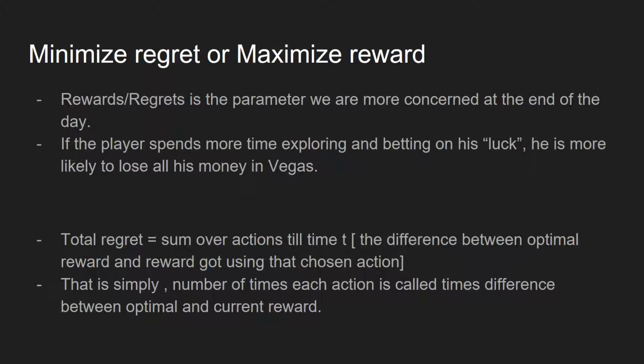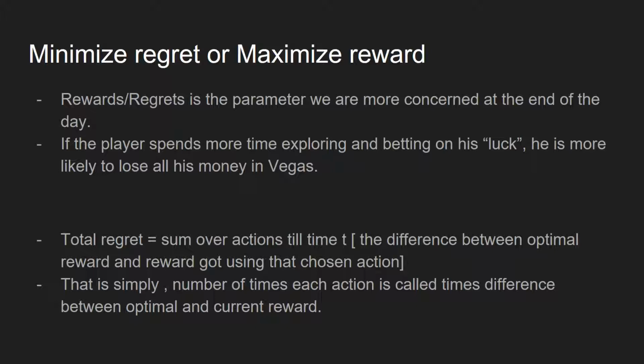From the previous slide, you might have guessed that we need to increase the reward R. That's right. For getting the maximum money or profit, we need to increase the total rewards or decrease the total regret. Rewards or regret is the parameter we are most concerned about at the end of the day.